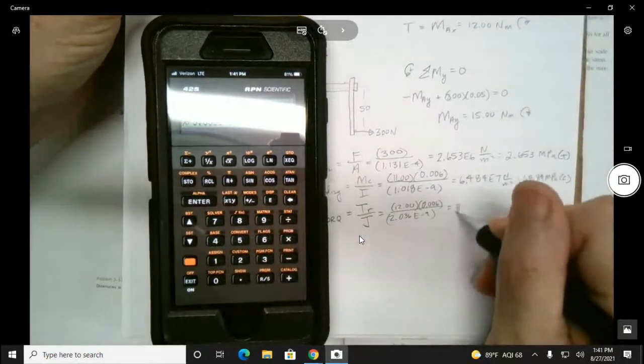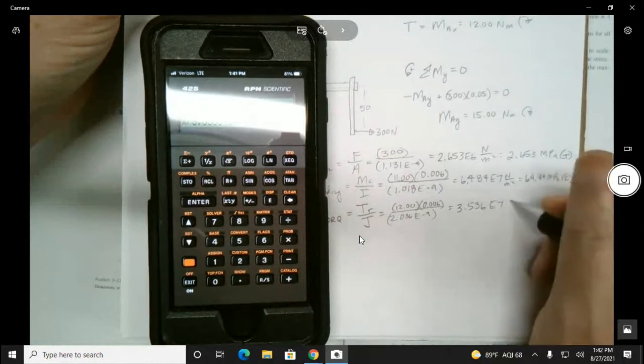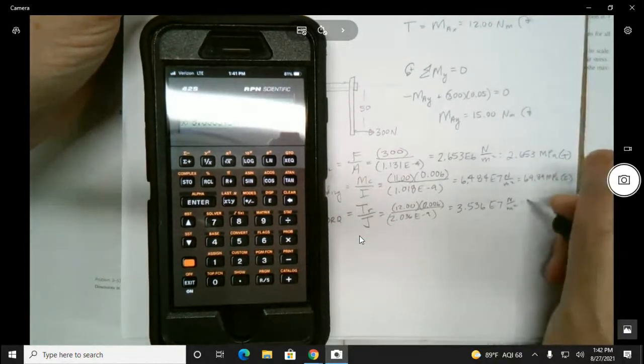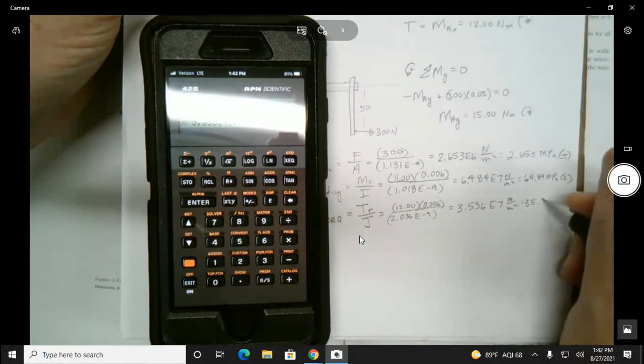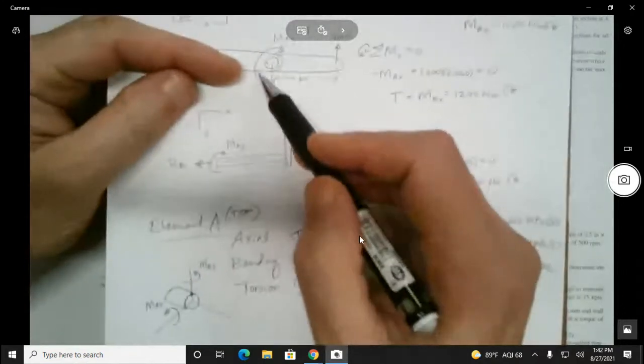And I get 3.536 E7 newtons per meter squared, or 35.36 megapascals.